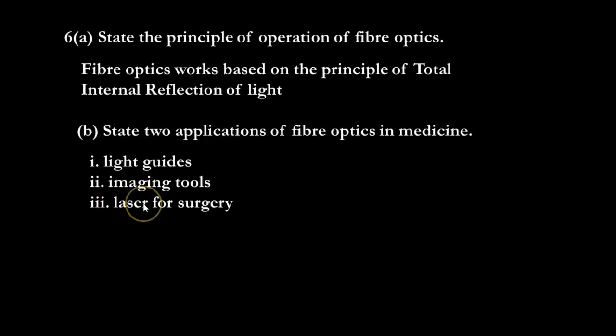Now the last one is laser for surgery. Laser surgery is a type of surgery that uses special types of light beams instead of surgical instruments. So instead of using surgical equipment to carry out surgeries, laser beams are used. One example is to remove tumors, and another one is to seal lymph vessels.